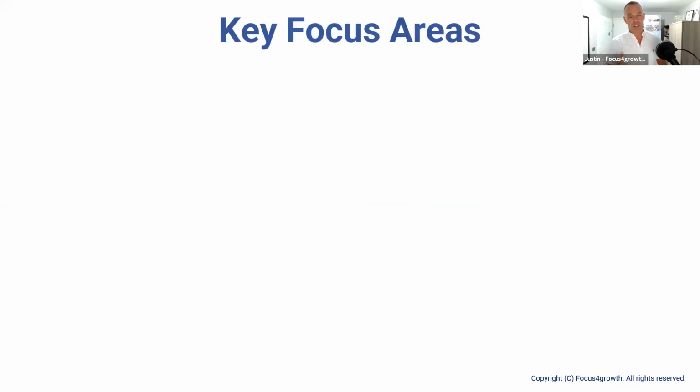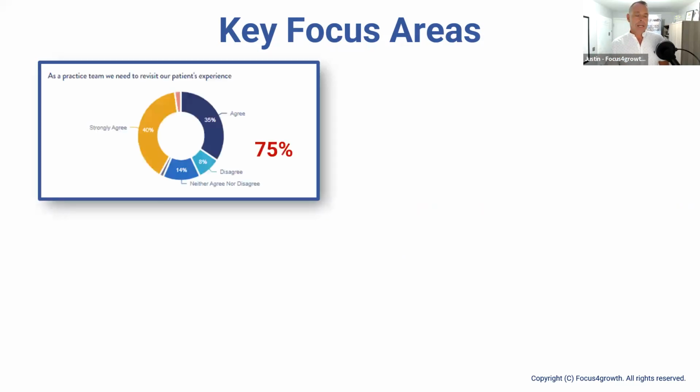But we ask a number of questions in that scorecard, and four things come up that are really quite interesting. I'll share these with you as well as context for today. So one of them is that the statement that's presented is, as a practice team, we need to revisit our patient experience, the experience we deliver for patients. And you'll see that 75% of people that go through our scorecard agree or strongly agree with that statement. So it's quite interesting.